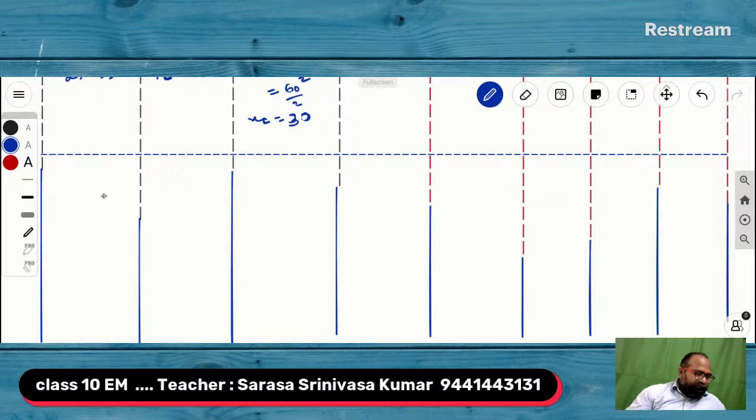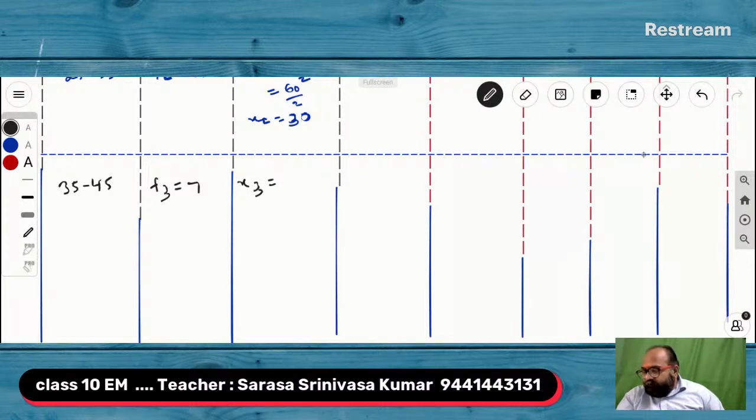The third class interval is 35 to 45. Frequency is F3 equal to 7. Now x3 can be calculated by upper limit plus lower limit by 2.